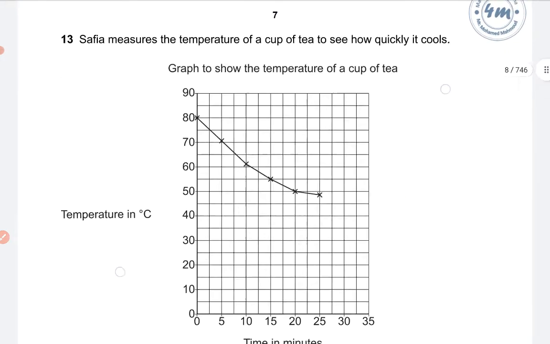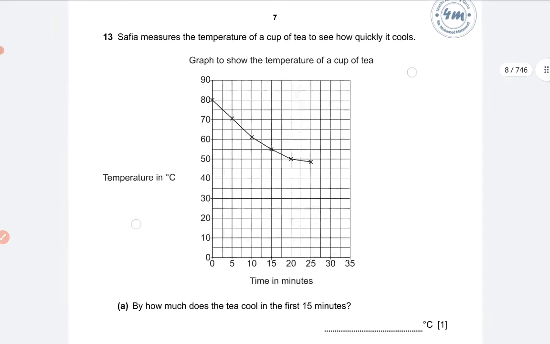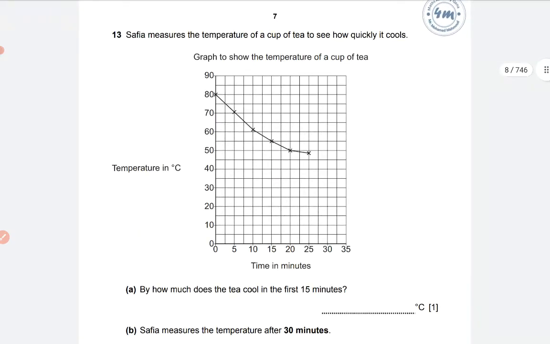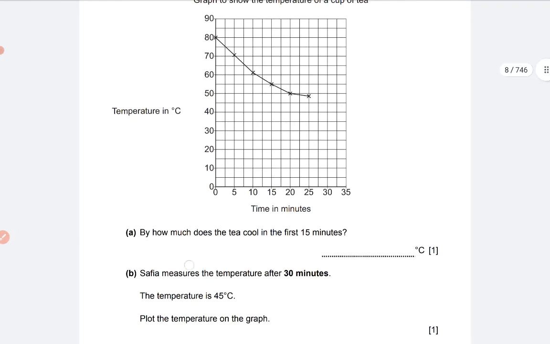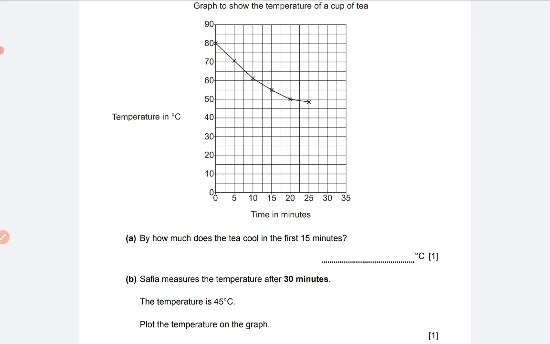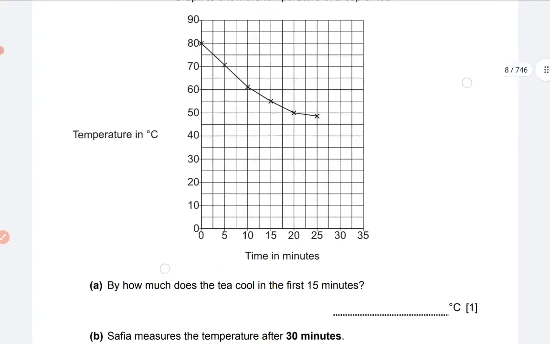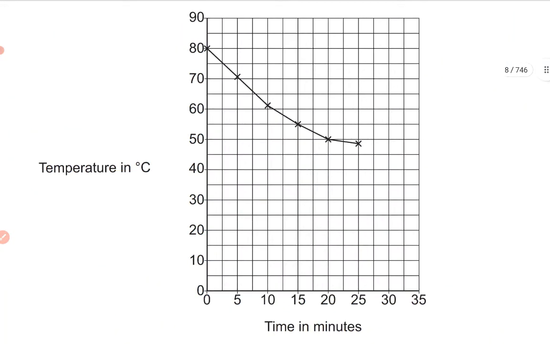Here we measure the temperature of a cup of tea to see how quickly it cools. By how much does the tea cool in the first 15 minutes? First 15 minutes, here.